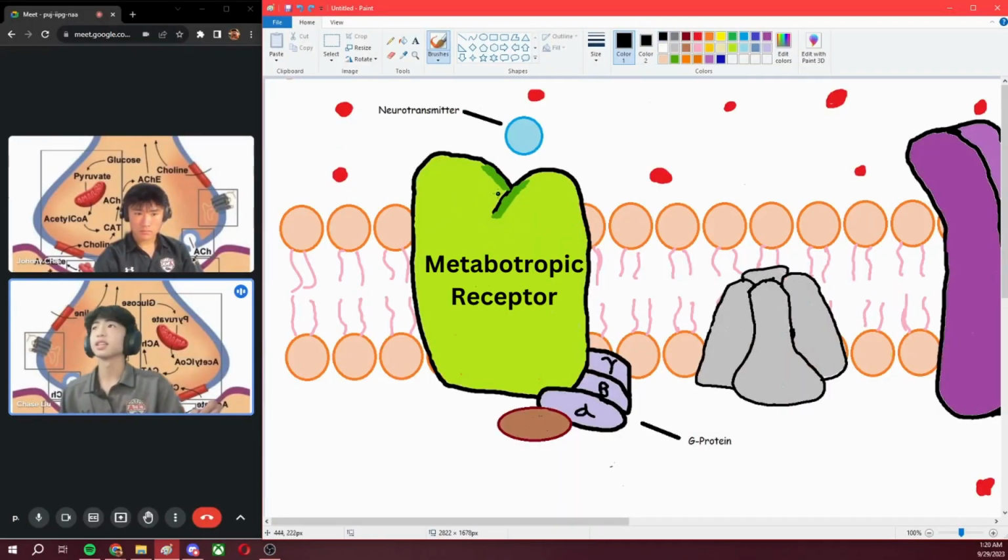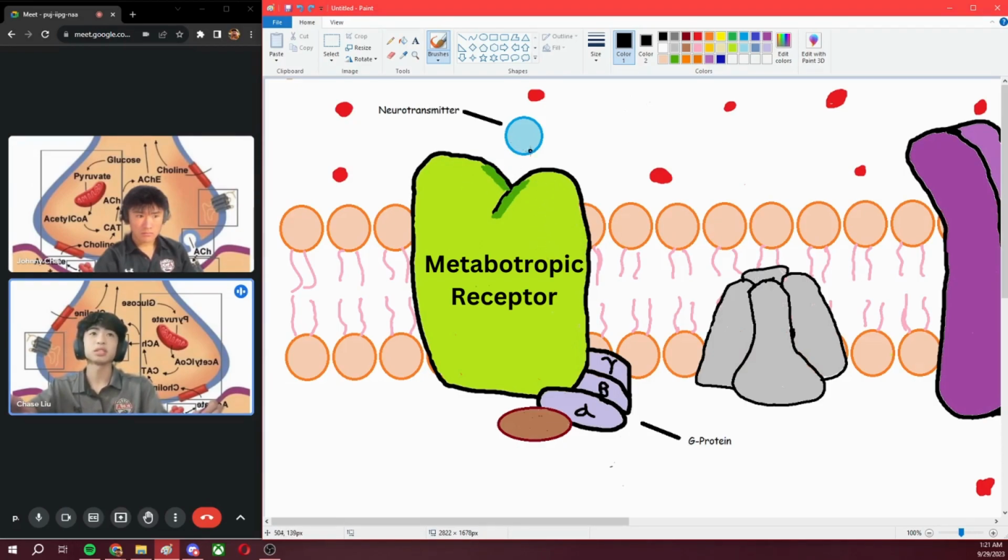So first, the acetylcholine neurotransmitter binds to the special neurotransmitter binding site, which is right here in the dark green. And this is actually special to the metabotropic receptors because not every receptor has this.